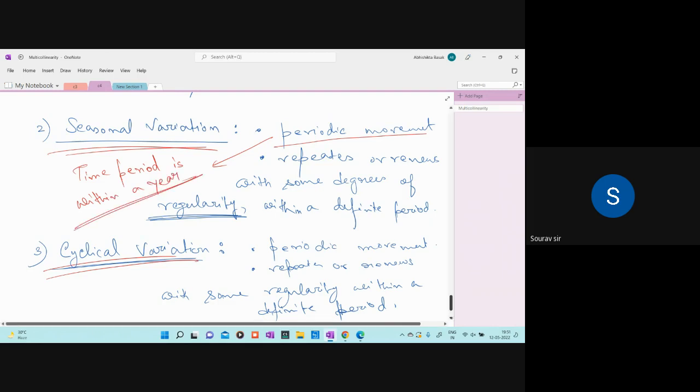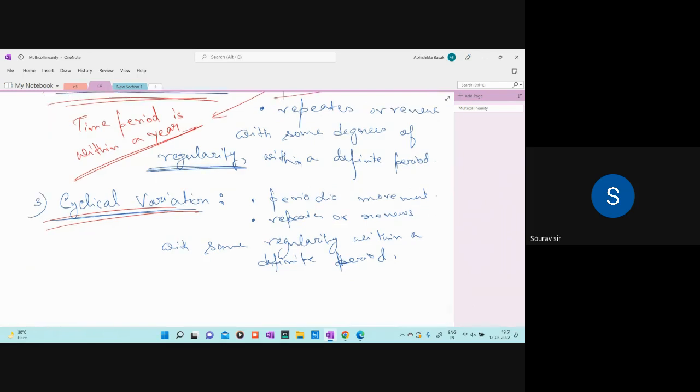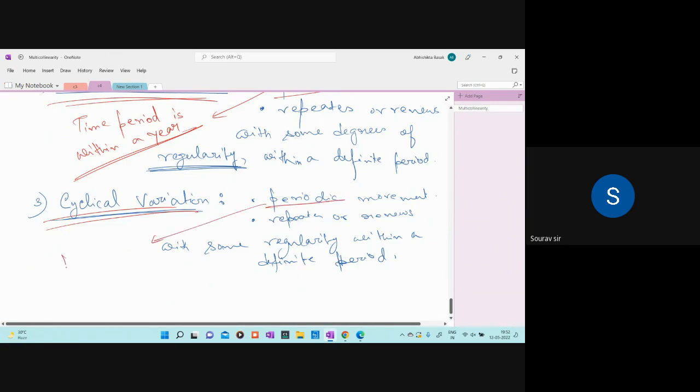Okay, whereas cyclical, it is not within a year, it is of longer duration than a year. This period is of longer duration than a year. Is it okay?